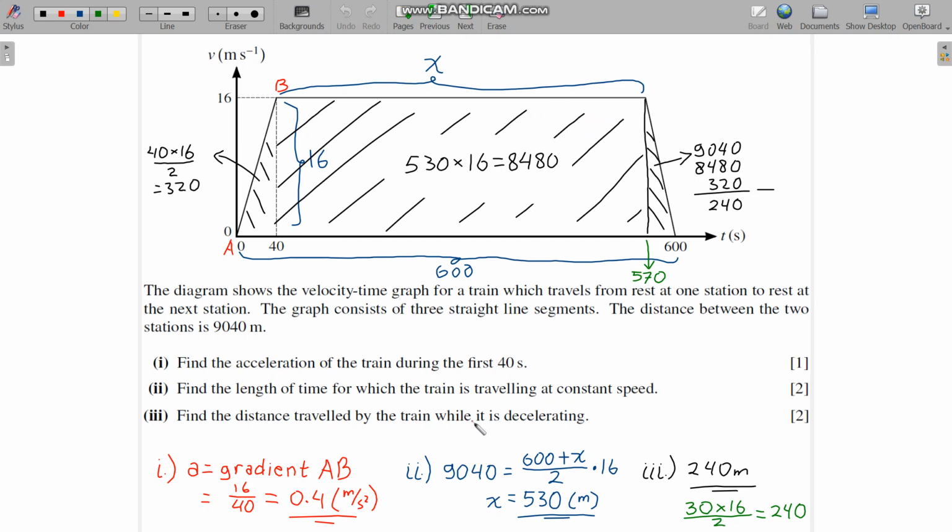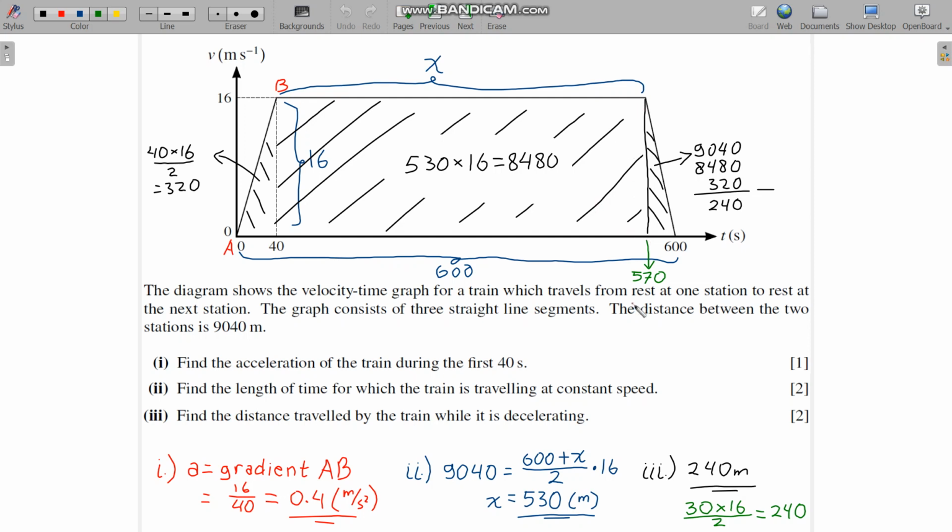The distance traveled while decelerating, so we're looking for this area here. We know this area because we have base times height divided by 2, we get 320, and we know the area of this rectangle because we know the x already. The x is 530, and the width of this rectangle is 16.